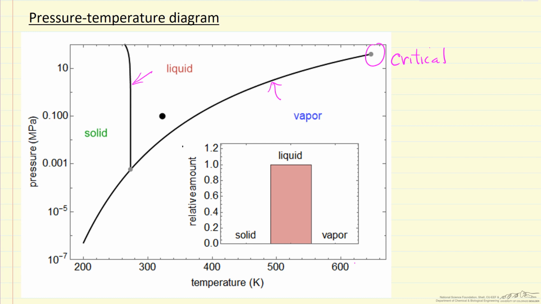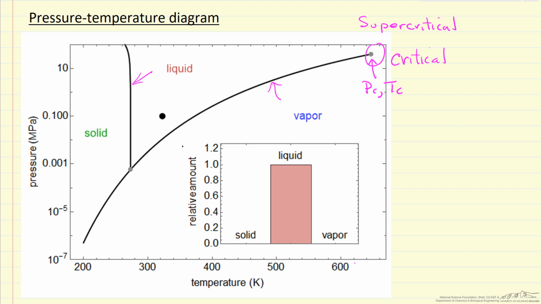Well, this means above this critical temperature and pressure, we have what's referred to as a supercritical fluid. This also means there's not a sharp distinction between liquid, supercritical fluid, and vapor, but it's a continuum.